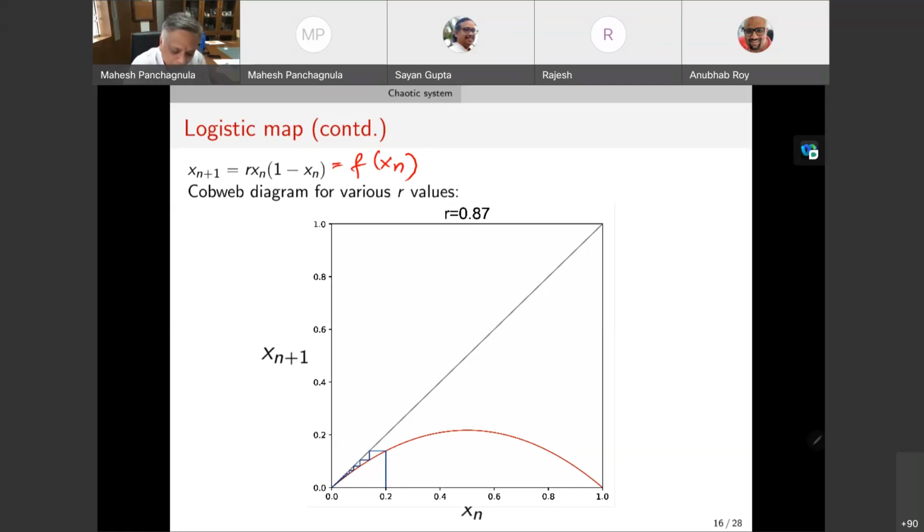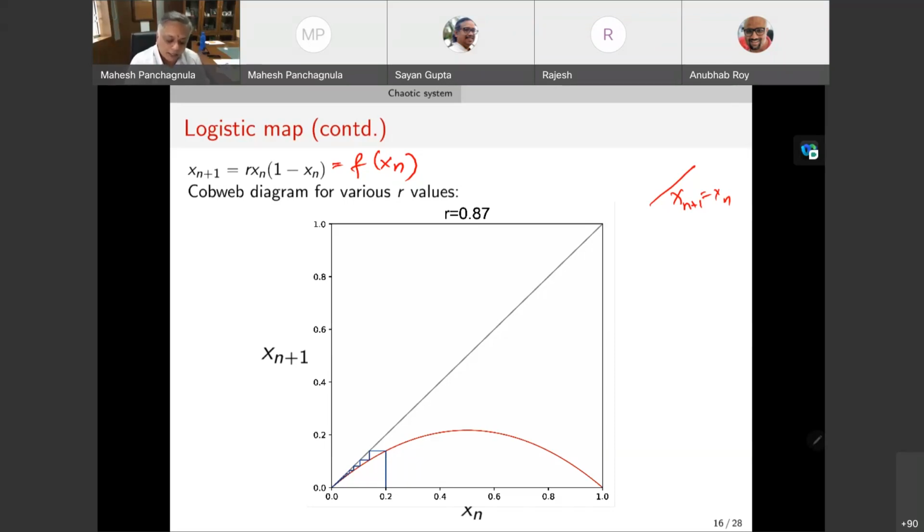And this line that you see is xn+1 equal to xn, which is basically a 45-degree line. So I read off of that. Now that becomes my next value of xn. And I keep doing this. You can see how this solution is gently moving towards 0.